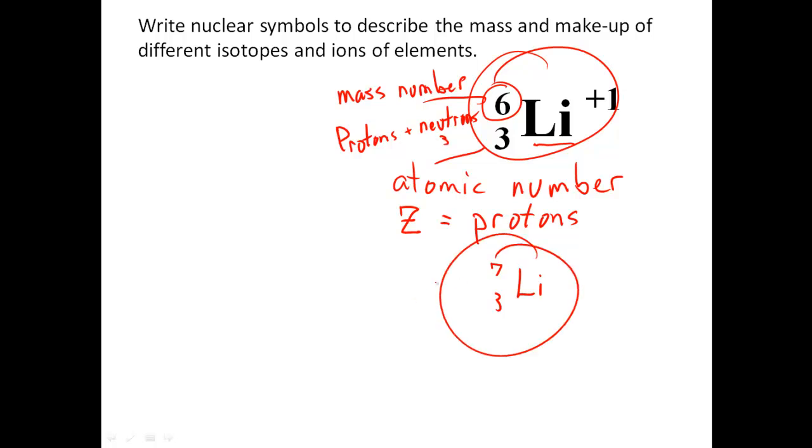In this isotope of lithium, there would be 4 neutrons. So that's how nuclear symbols work. Of course, we can also tell the charge if we are not dealing with an atom. Maybe we have an ion of lithium, and that charge can be indicated with a typical charge symbol that you're used to seeing.